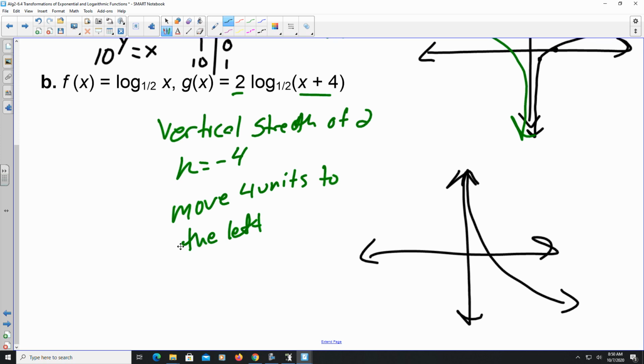After you do the math and stuff like that, and then with the translation of 4 units to the left, 1, 2, 3, 4, it would look something kind of like this. And what that changed is my asymptote, which is now x equals negative 4.